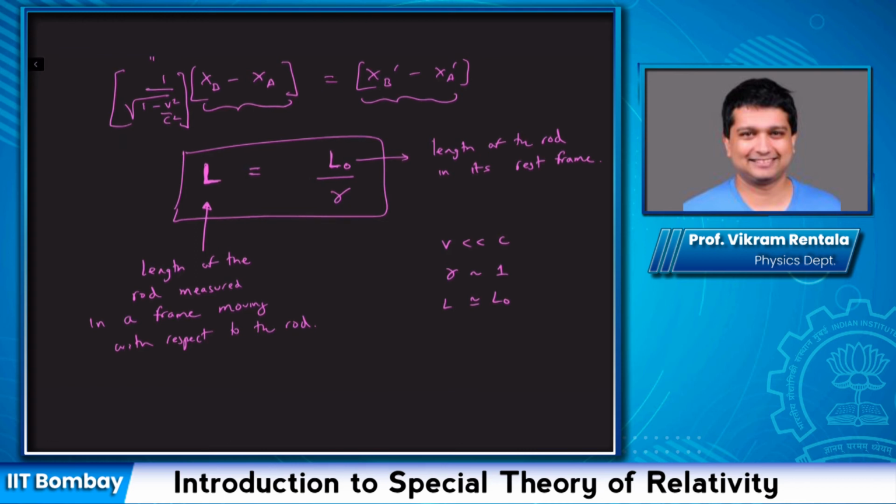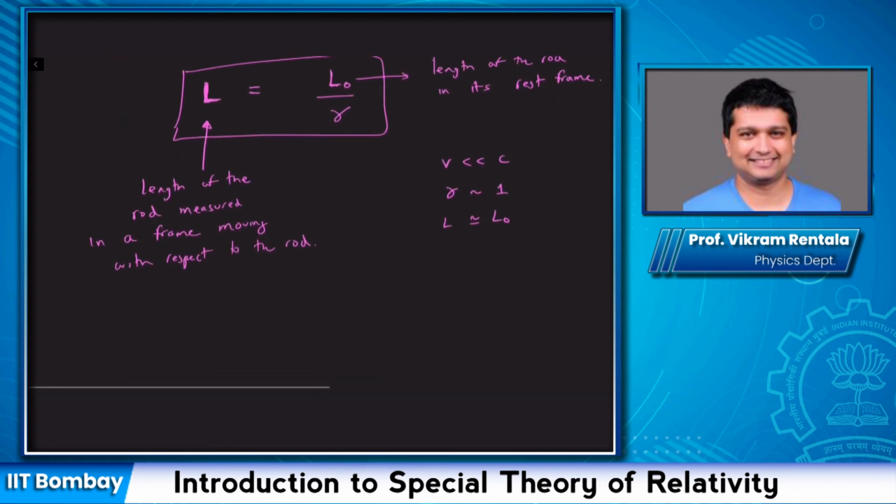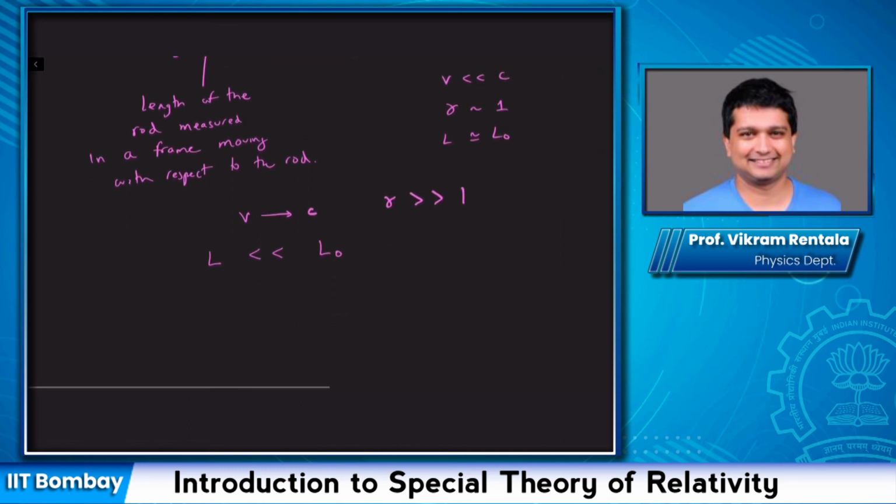But in special relativity, we see that as the speed v gets close to the speed of light, this boost factor gamma becomes very large, and the length of the rod that we measure in a moving reference frame is much less than the length of the rod in its rest frame. In other words, the rod appears to have shrunk or contracted in length. Okay, so we call this phenomenon length contraction.